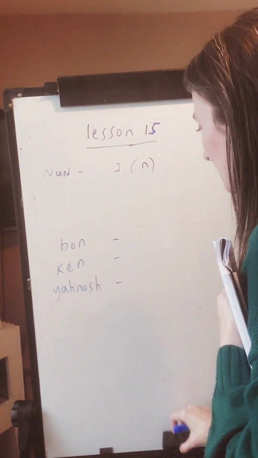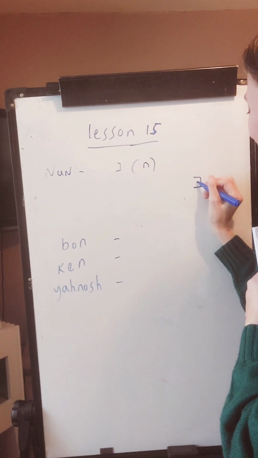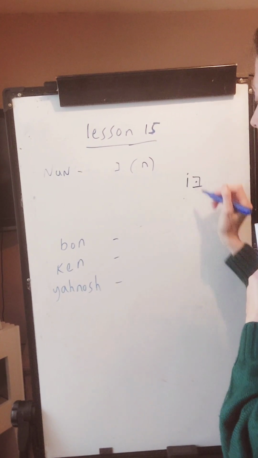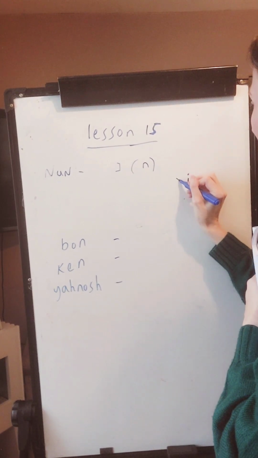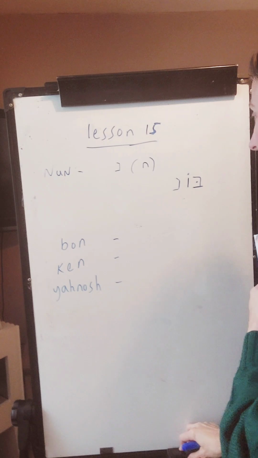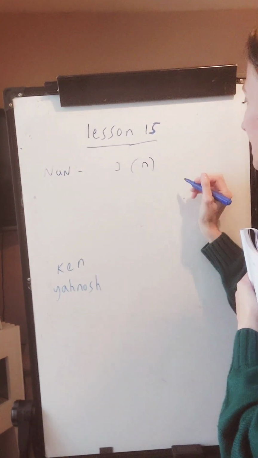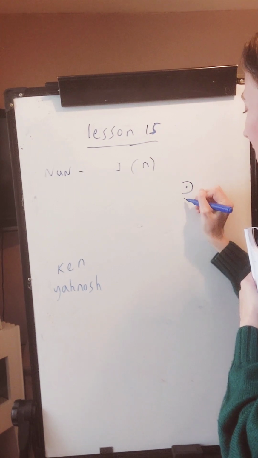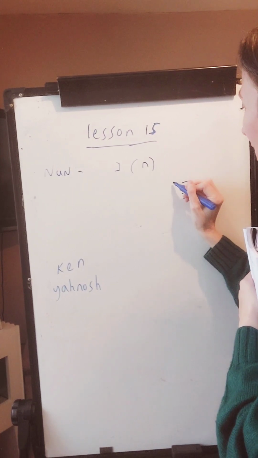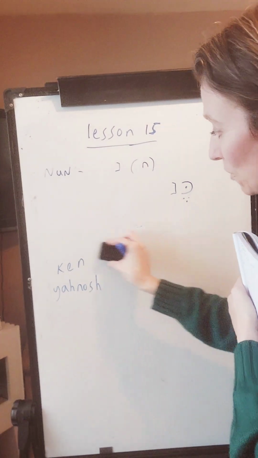Okay, so Bon. So Bon, we'd use the bet, the O vowel, and the new one today, the N. Bon. Ken, so we'd want a kaf, E vowel underneath, and N. Ken.